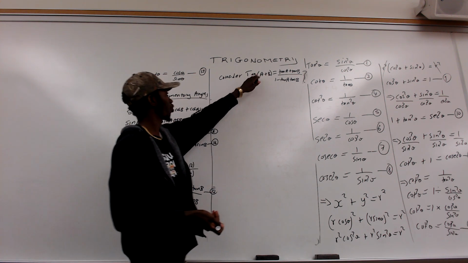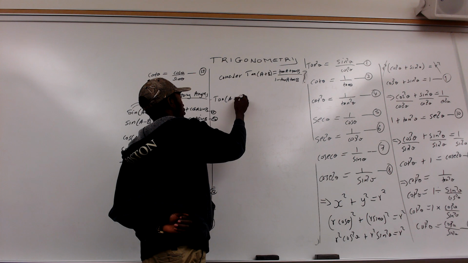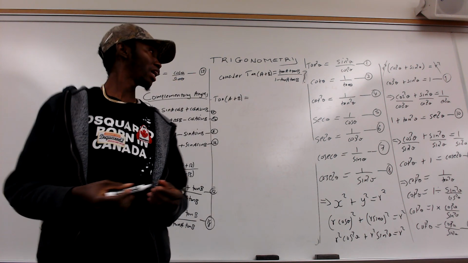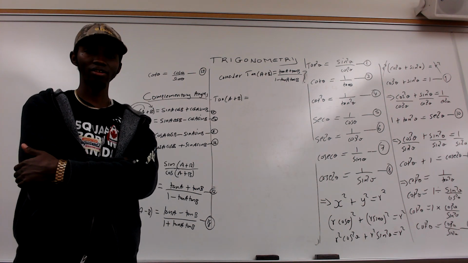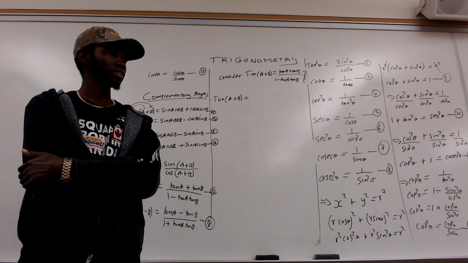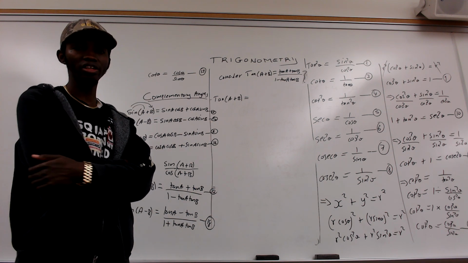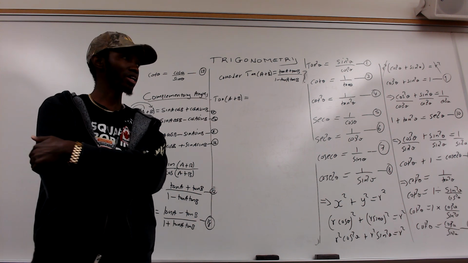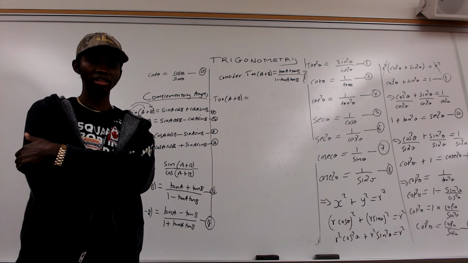In this case, we'll consider tan(A plus B). As we know, tan is the expression of sine all over cos. So the expression for tan(A plus B) is going to be sin(A plus B) divided by cos(A plus B). Then we'll find the identities for both the numerator and the denominator.